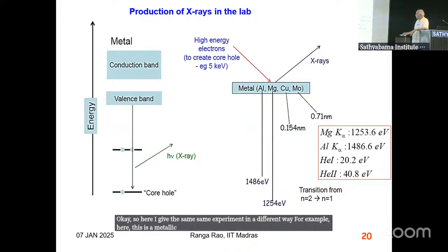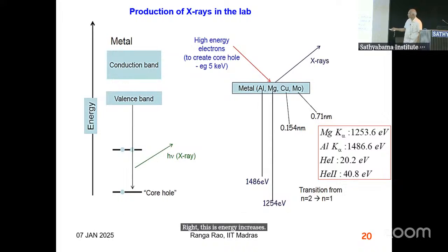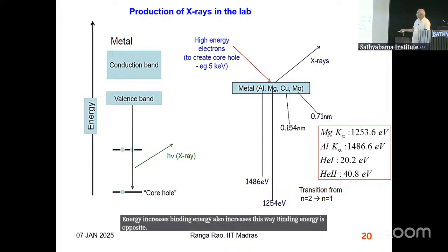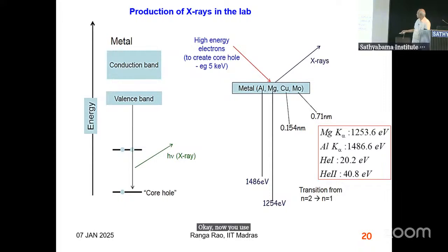Your core electrons, very well localized core levels, and then as you keep going, the valence band, conduction band, etc. The energy increases this way. Binding energy is opposite. Now you use these electrons here, so you can analyze this.